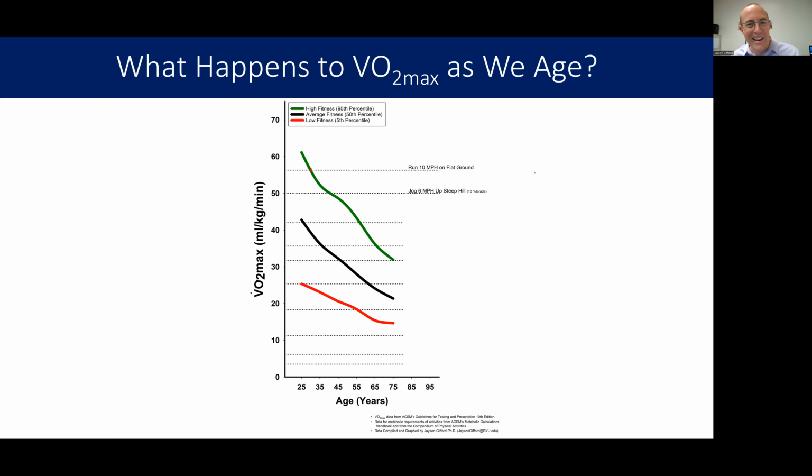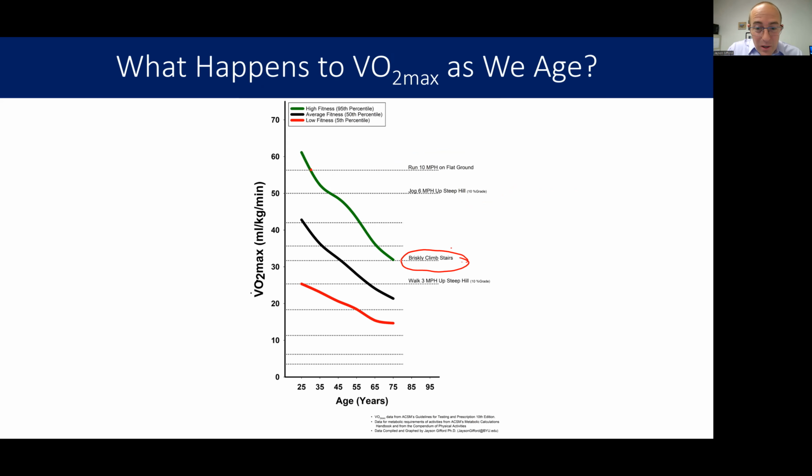So who really cares if you can't run 10 miles per hour when you're 65 years old? Some people might, like your Olympians, but your average American doesn't really care. But let's look at other things. Let's say briskly climbing stairs. All right, let's say you have to go up several flights of stairs to get to your apartment every day.